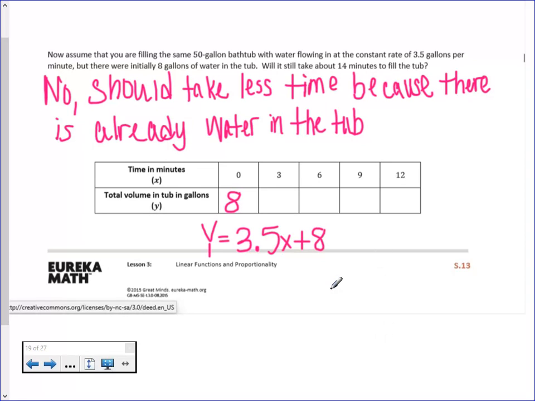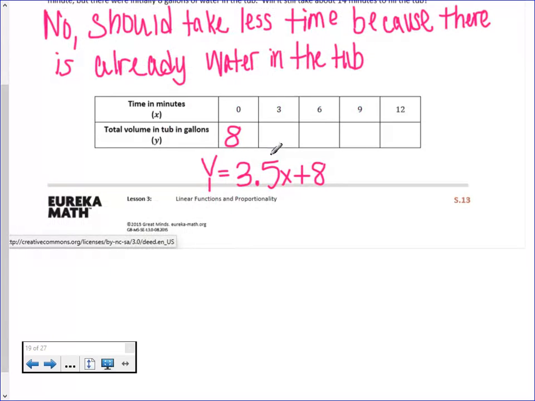So now if we're trying to fill out the rest of this table, we'd say if we wanted 3, you'd take 3.5 times 3 plus 8. So go ahead and take 3.5 times 3 plus 8. Okay, so that'd be 18.5 gallons like Tanner said. I want you guys to fill out the rest of this table.